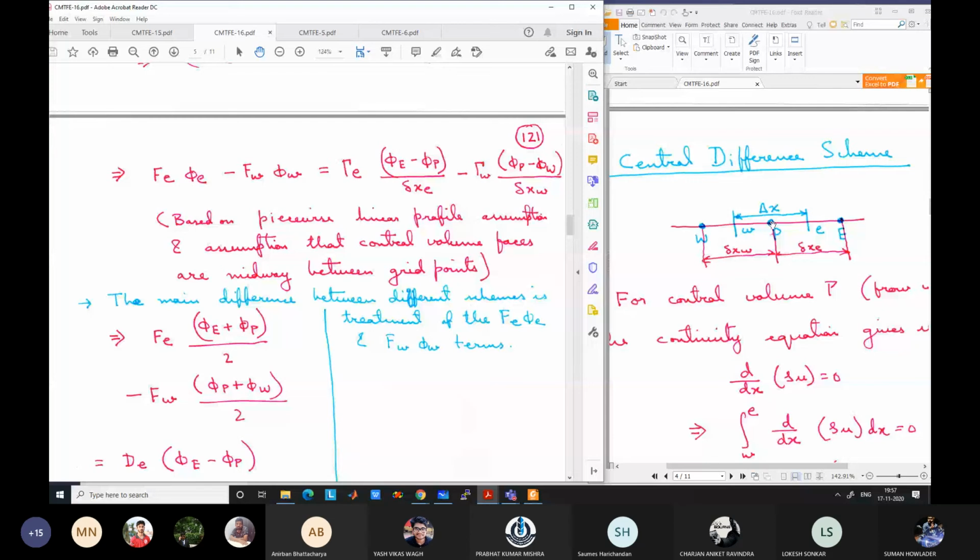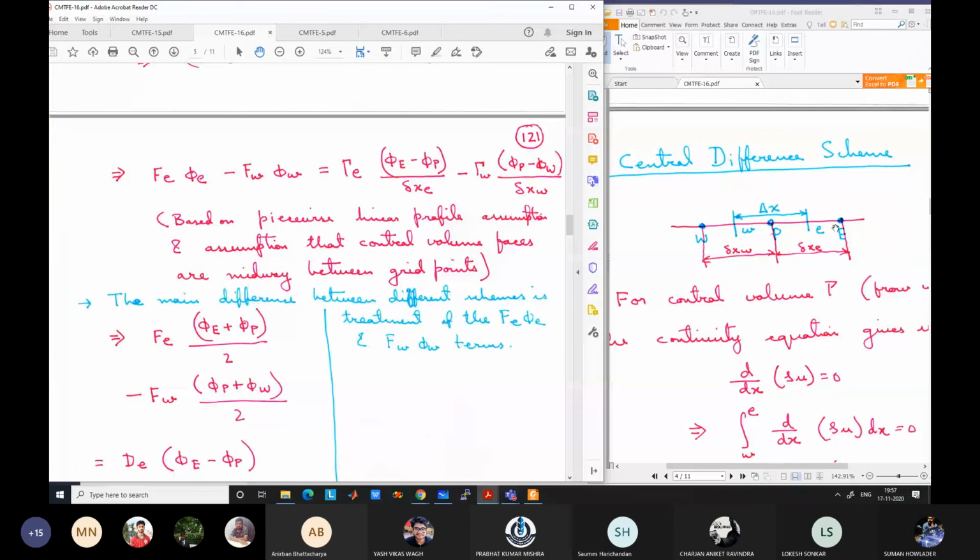For diffusion it is correct, but when flow is coming from one side to the other side, the influence of this point should be maximum. This point cannot have influence, because flow is coming from here to here. The information carried by the advective term is being brought from this side. So phi should be strongly influenced by phi P, but not by phi capital E.